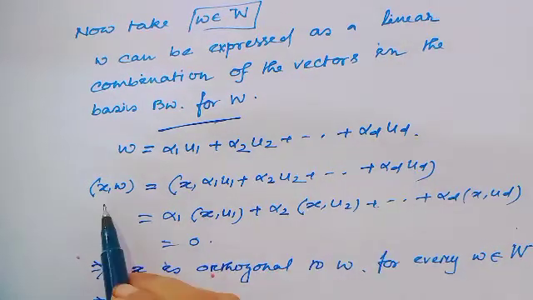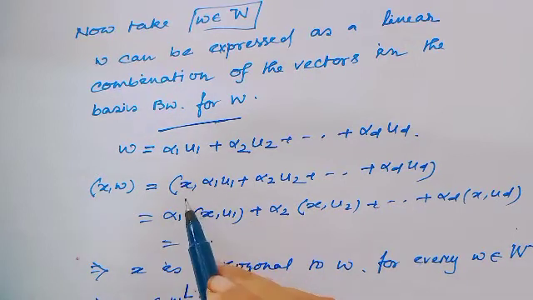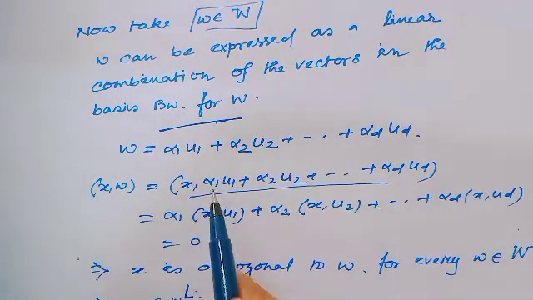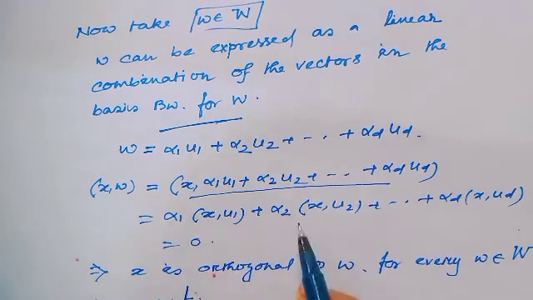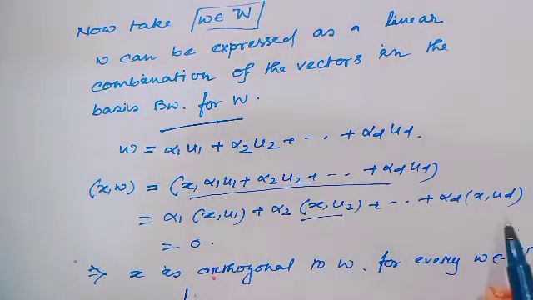Then the inner product of x with w, omitting the scalars, is alpha 1 times the inner product of x with u1, plus alpha 2 times x with u2, up to alpha d times x with ud.